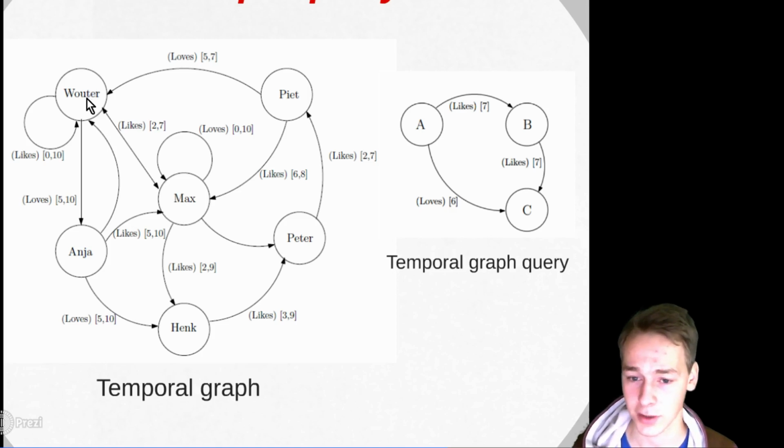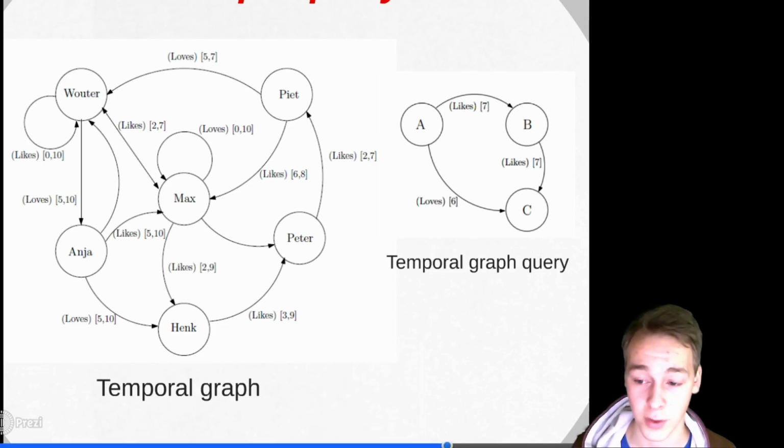Max likes Wouter and Wouter likes Max, and Max loves himself. That means that B becomes Wouter and A and C both become Max. These are different forms of evaluating a query, and they're very important to keep in mind when actually evaluating a query. I'll get to that in a second.